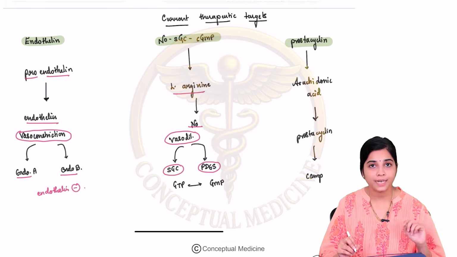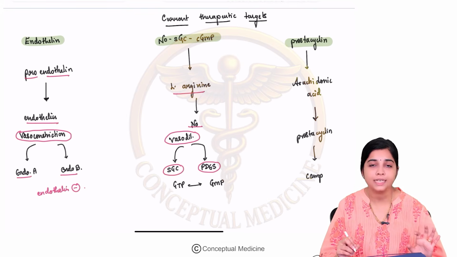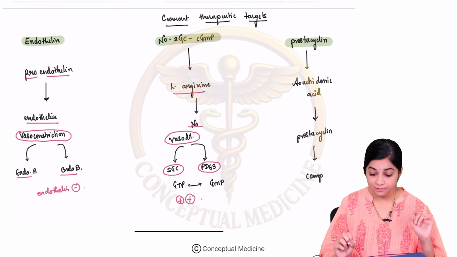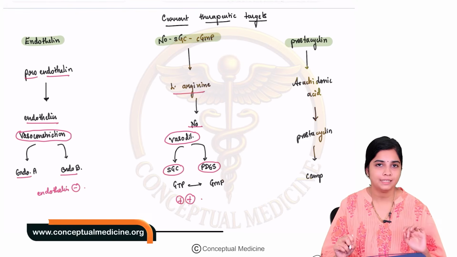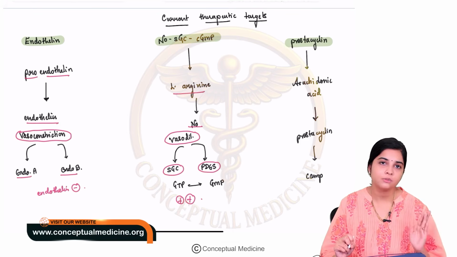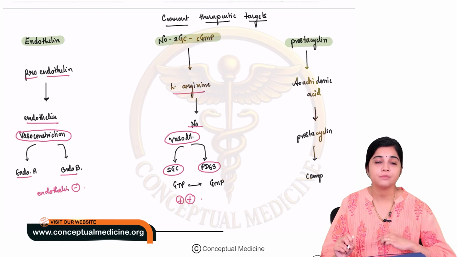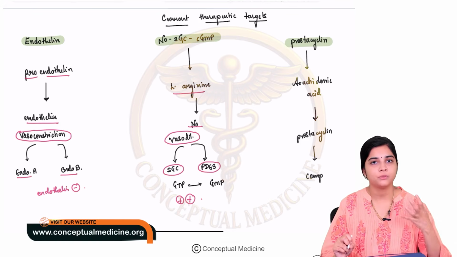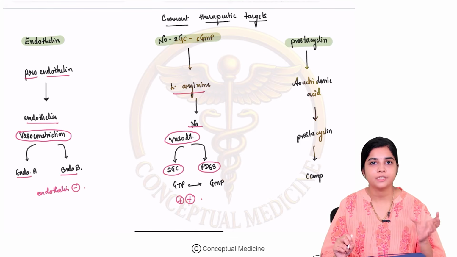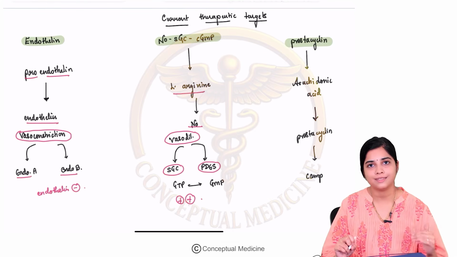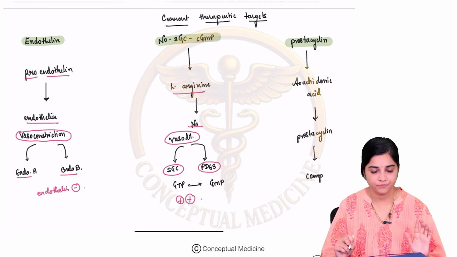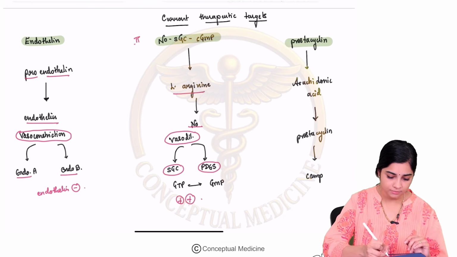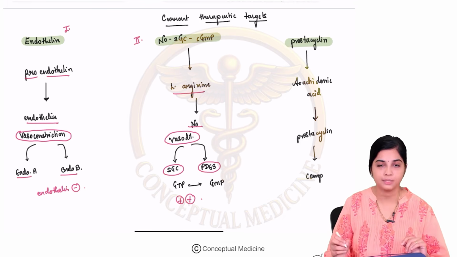Hence, we give stimulators of PDE5, which is phosphodiesterase 5, or soluble guanylate cyclase. If you give stimulators of this pathway, you can cause vasodilatation and thereby help in reducing the resistance in pulmonary hypertension. This is the second most important pathway that we should know.